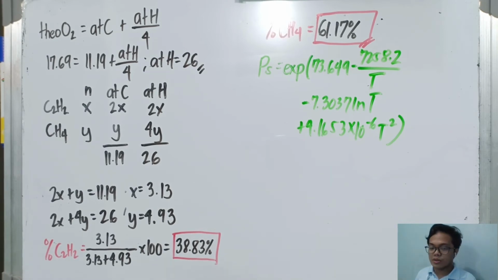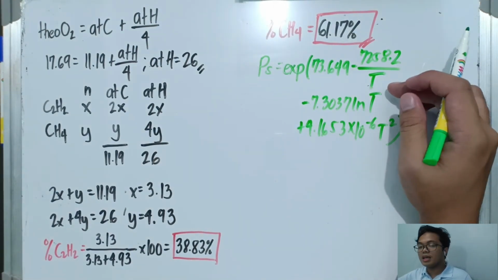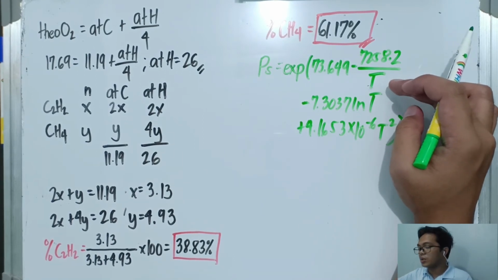In this case, we're also gonna do that, because our pressure is given in terms of torrs. That's 765 torrs. So what you have to do here is just plug in the temperature. The temperature that we have is 26 degrees Celsius.